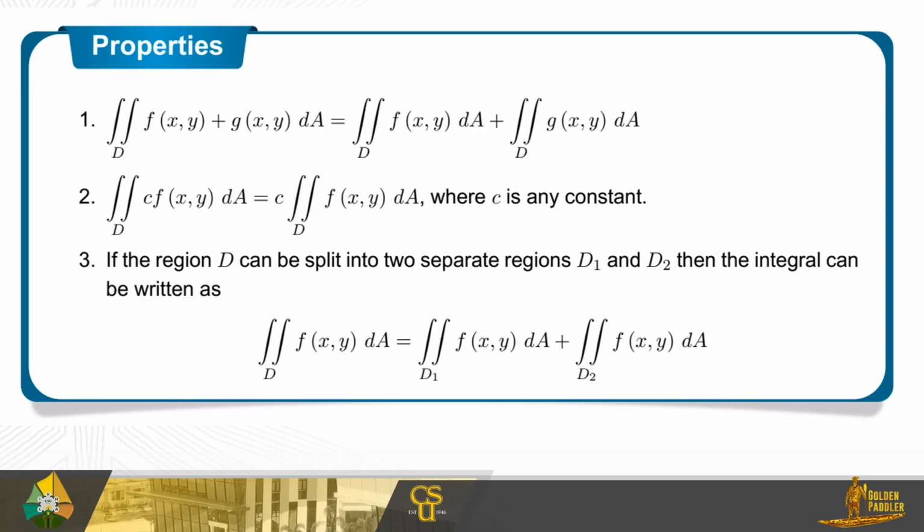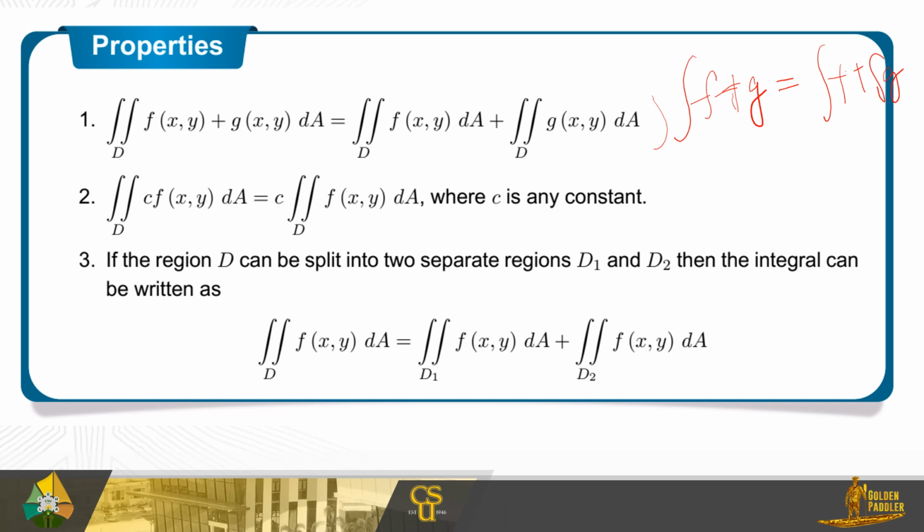So ito yung mga properties na actually ginamit na natin kanina. Yung properties na ito, sa one dimensional na integral, is the integral of f plus g is the same as the integral of f plus the integral of g. Pero pag yung function natin is bivariate na, or meron na tayong double integral, same lang din yung concept niya.